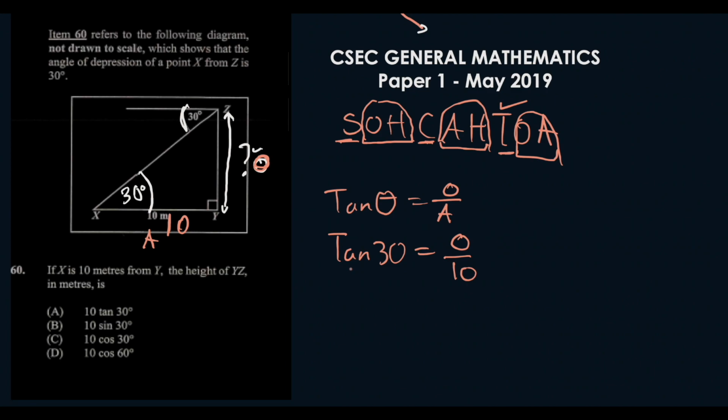Now, if I was to write this as a fraction, it would be just over 1. I just cross multiply now. So tan 30 times 10, which is 10 tan 30, is equal to the opposite, basically yz. So the question asks us for an expression for yz. So our answer for this would be this.